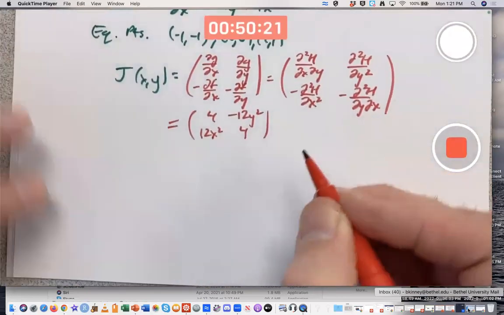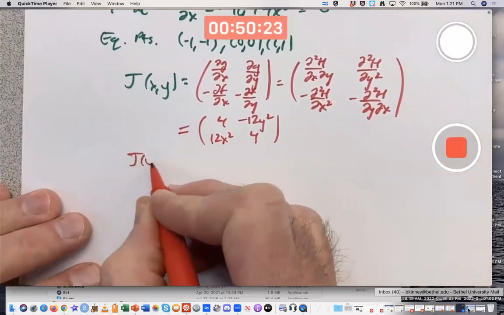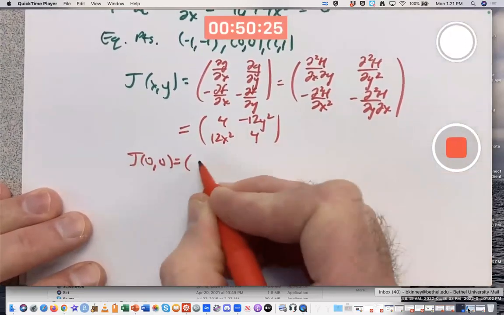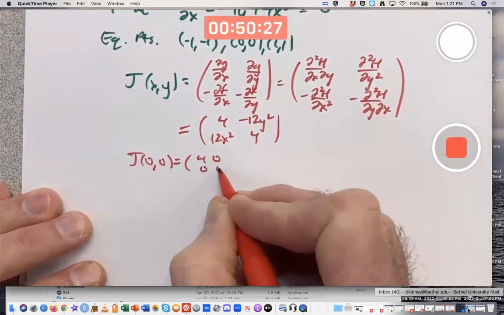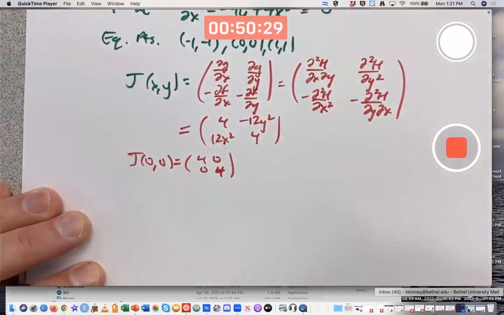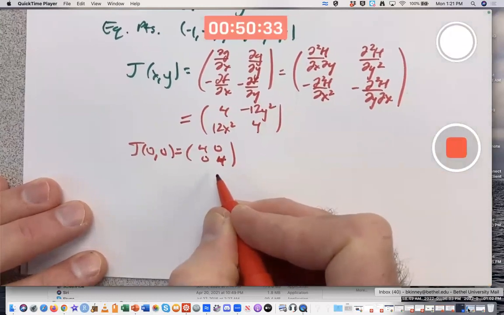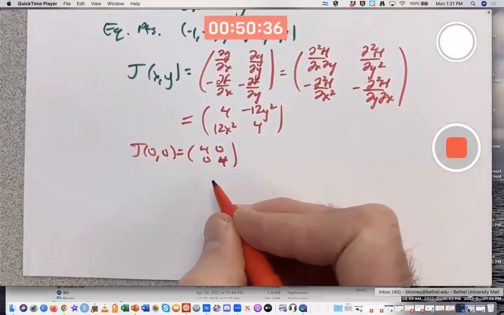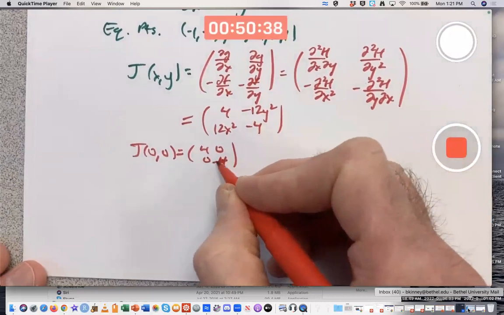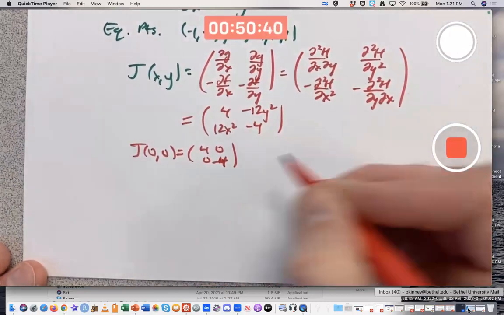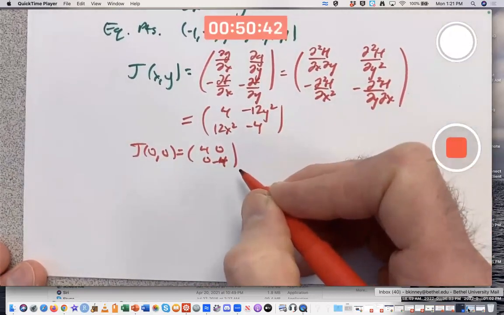If I plug in the equilibrium points, let's plug in (0, 0) first. I get a diagonal matrix. Eigenvalues are right in the main diagonal. Actually, I think I must have made a mistake. Oh yeah, there's a negative sign here. One positive, one negative. It's a saddle point.